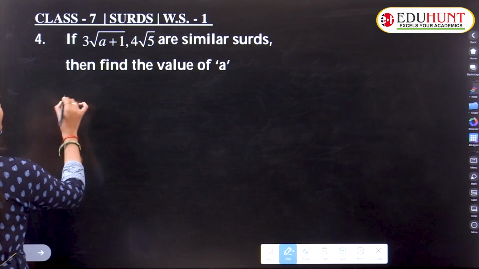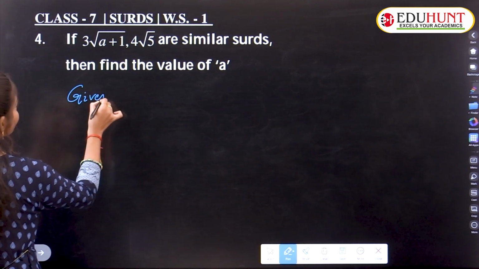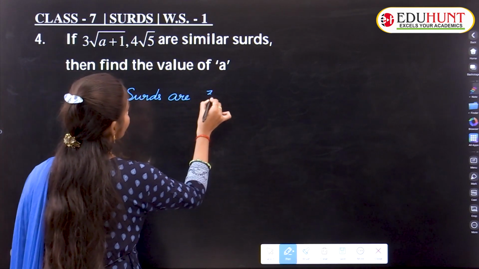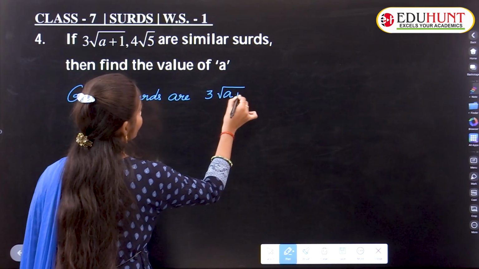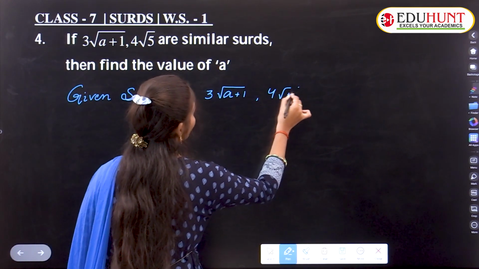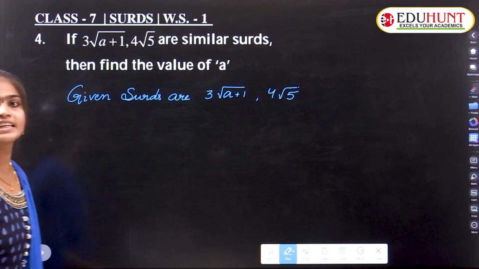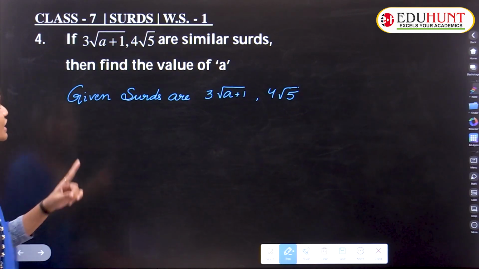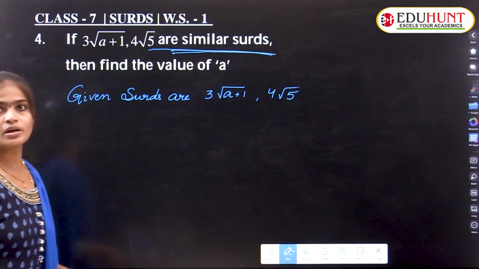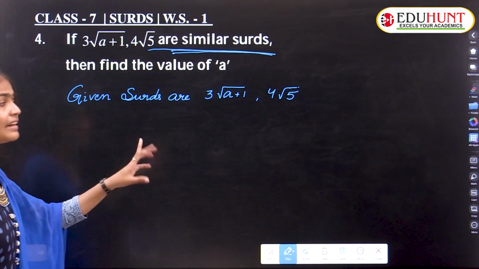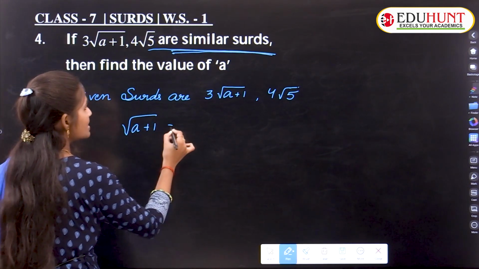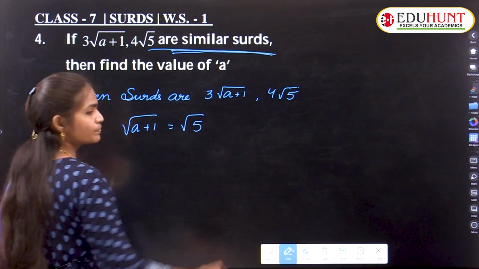So here the given surds are 3 into square root of a plus 1 and 4 into square root of 5. These two are the given surds, and they gave one more condition. What is that? Those two are similar surds. Those two are similar surds means their irrational part should be the same. So root of a plus 1 is equal to root 5.